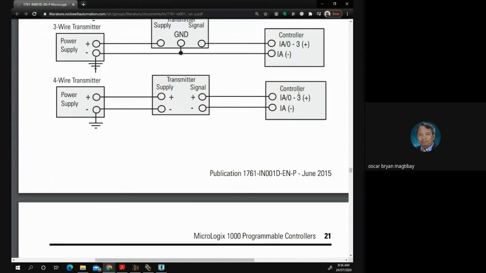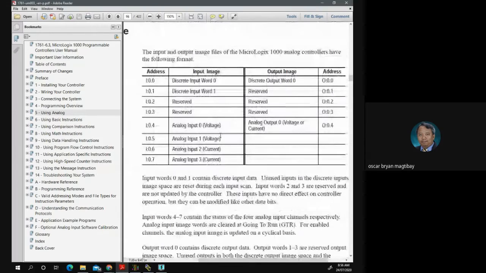As for programming, going back, how do we put this in the PLC? We must first know which address we will use in the PLC to access the devices for the analog inputs and analog outputs.